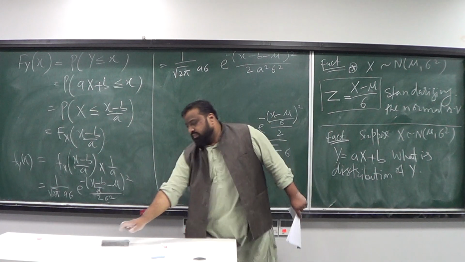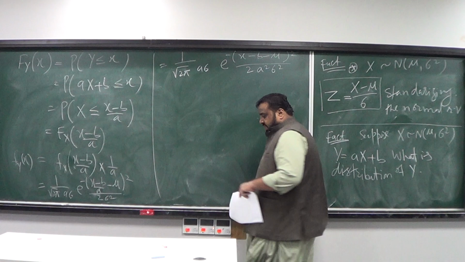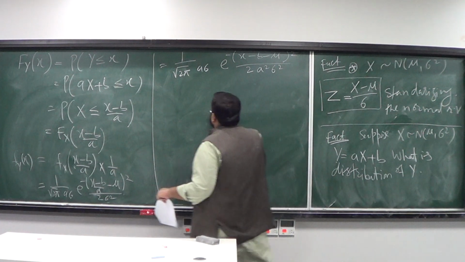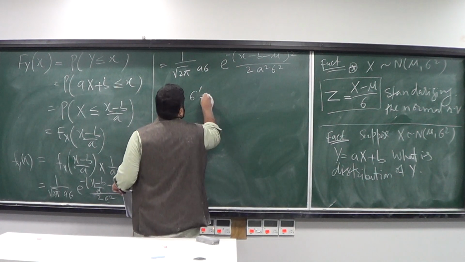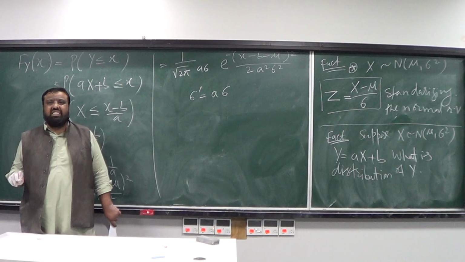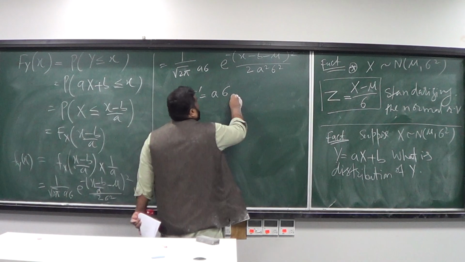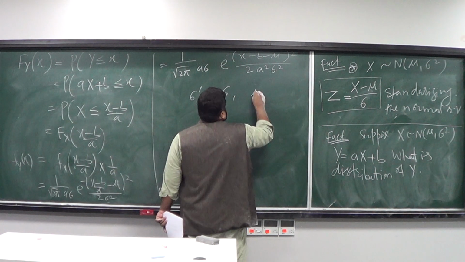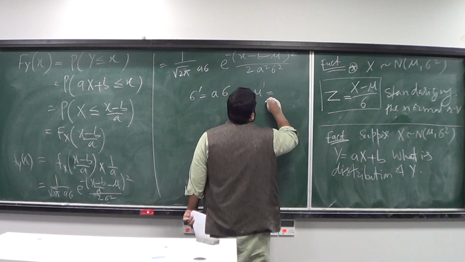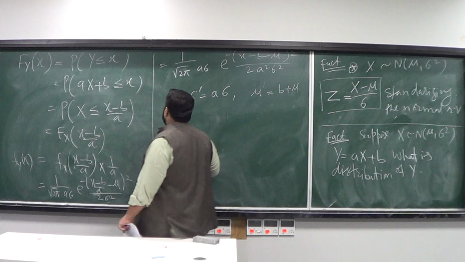Okay? And let's do now something interesting. Let me give a name sigma prime to the quantity a sigma. So let's call a sigma as sigma prime actually. And let me call mu prime as b plus a mu. And let's simplify this expression.